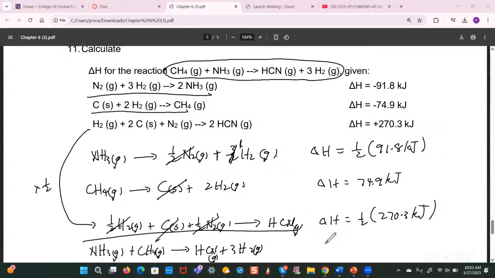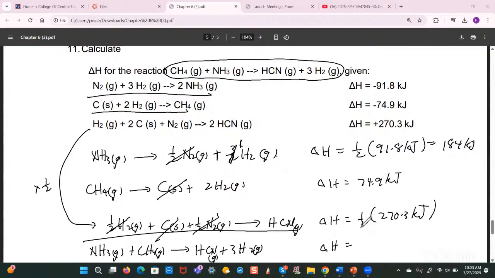So basically, we add up all of this here to get your final delta H. So what I'm gonna do here is work out what 91.8 times 2 gives. So that gives 184 kilojoules.